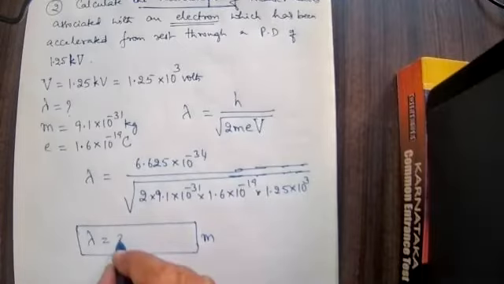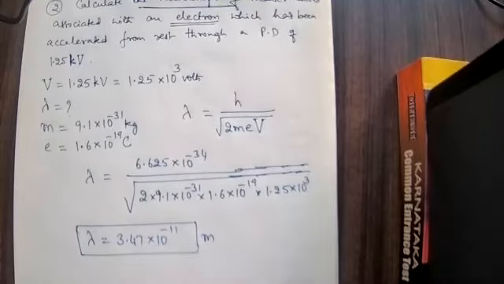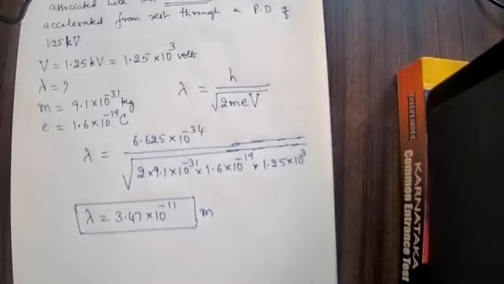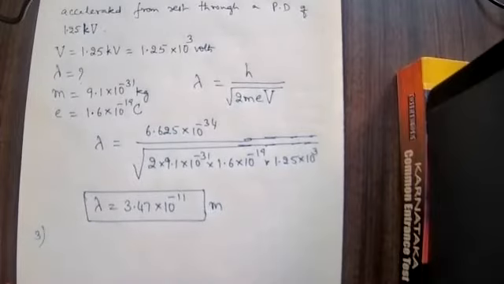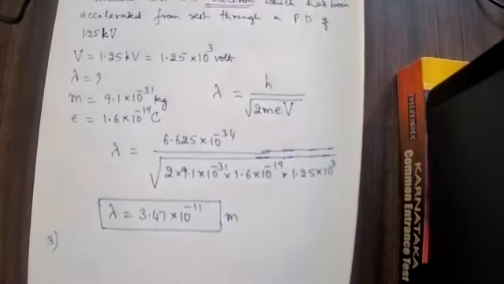Very good. 3.47 10 to the power minus 11. Okay, ma, it's right. Monisha, she is doing very well. Others, you have to write, you have to learn.